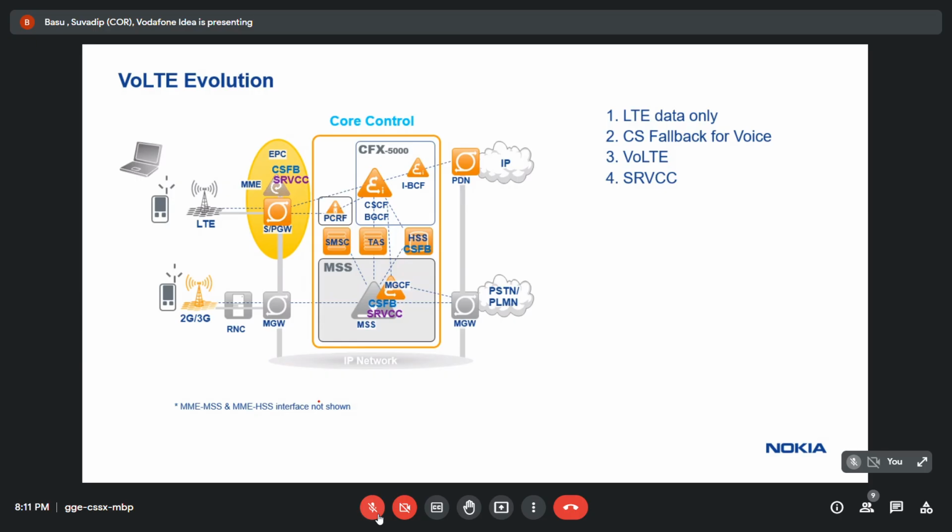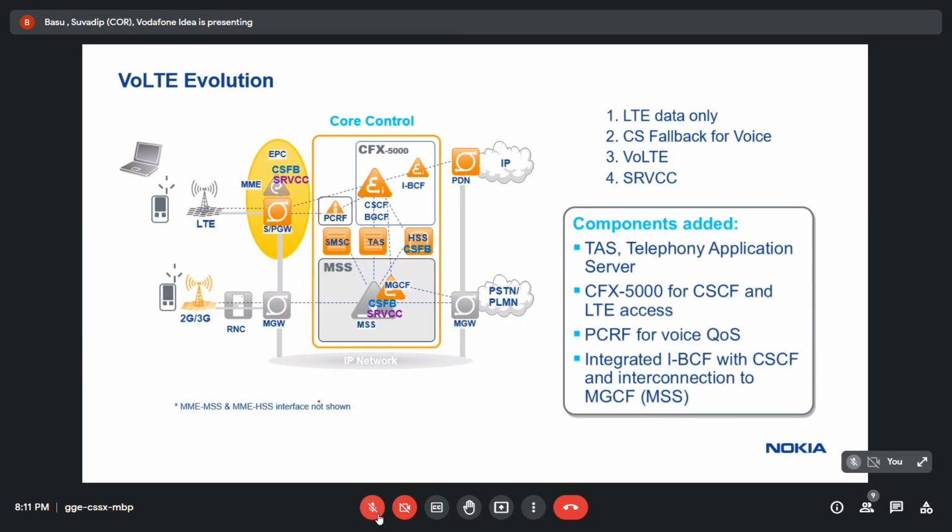It should drop to the next lower generation technology, that is 2G or 3G. And this particular methodology of call handling is called SRVCC, or single radio voice call continuity. So that means your call has to continue irrespective of the radio technology that you get.